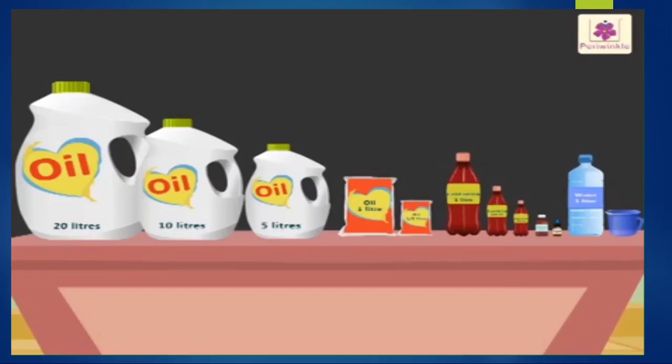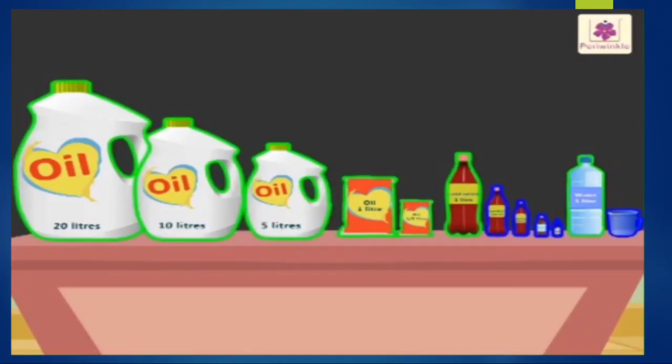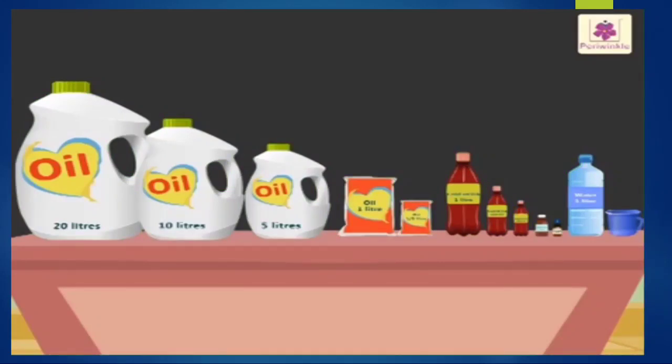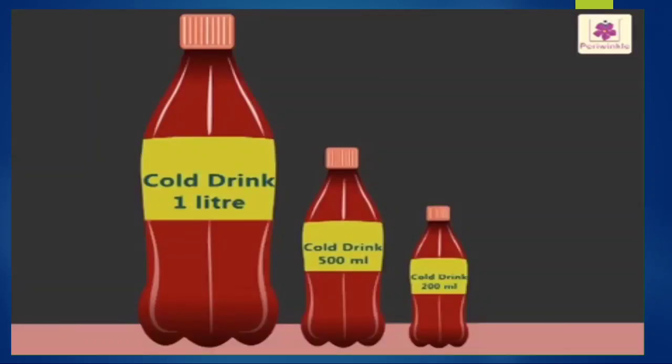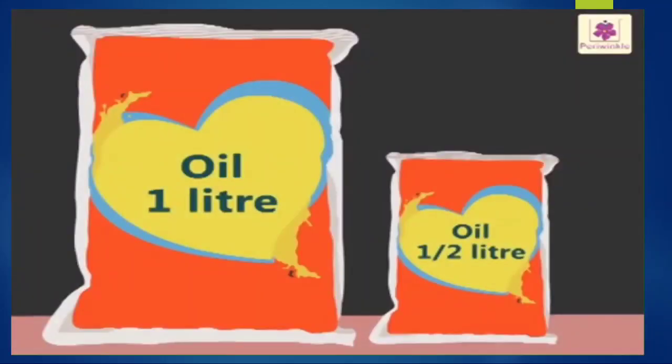Certain liquids in markets are sold in liters and milliliters. Let's have a look at a few such examples. 1. Cold drinks are sold in bottles that can hold 200 milliliters, 500 milliliters, and 1 liter. 2. We have seen cooking oil sold in pouches that can hold half a liter or 1 liter.